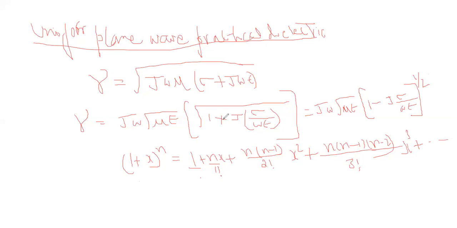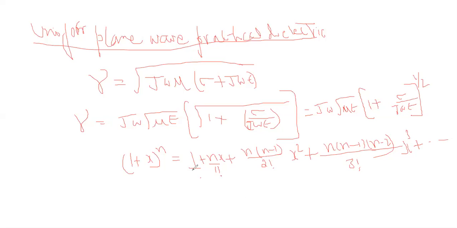The j you can write here in the denominator itself. No need to change the j omega. First of all, keep this j omega on. Now it is 1 plus x whole power n.